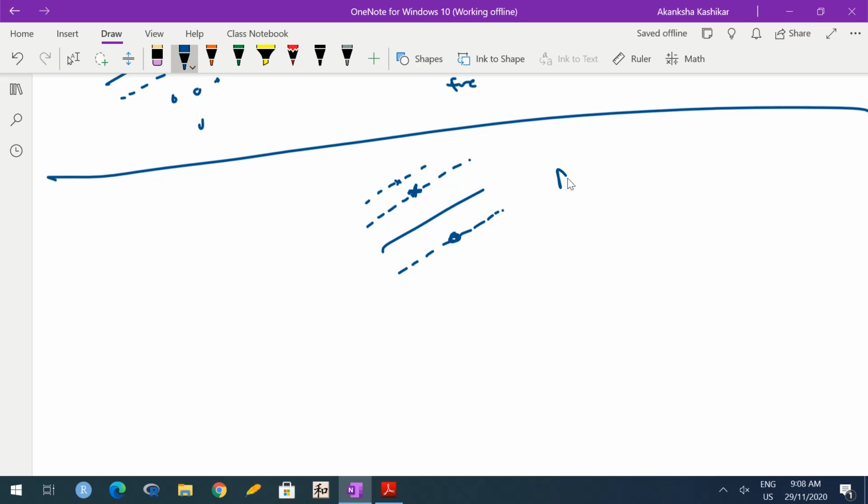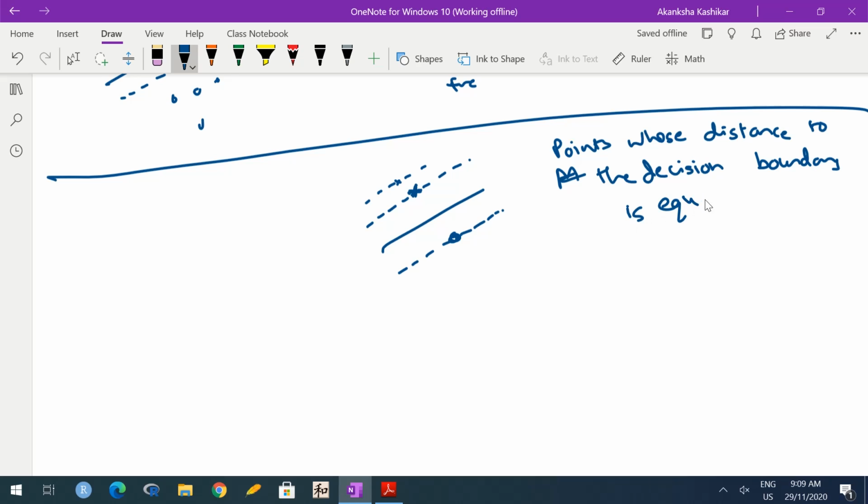These lines are called margins. The points whose distance to the decision boundary is equal to the margin are known as support vectors.